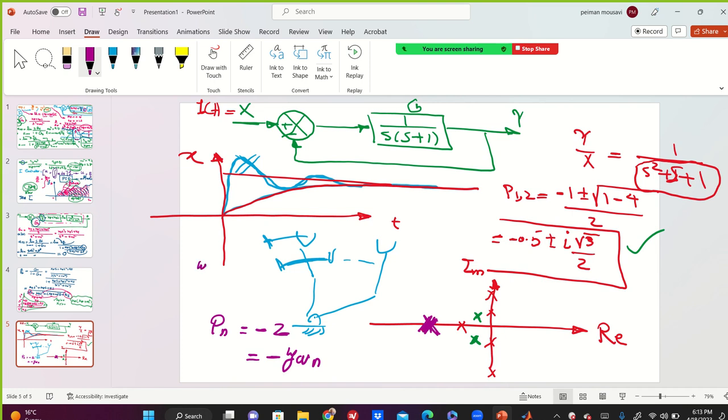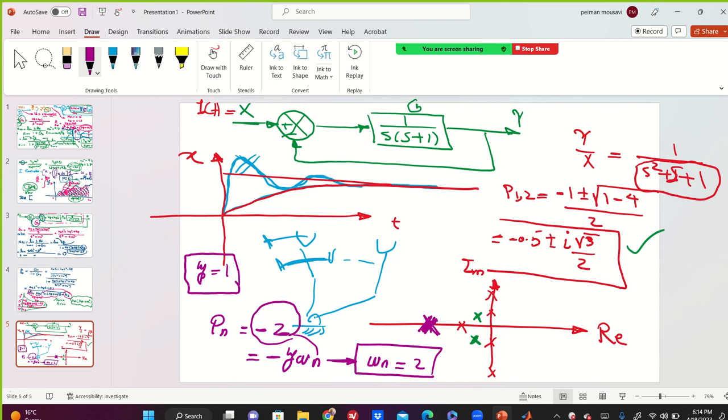So it means your zeta is 1 already. Now you see the translation of the terminology that we define in this course. If your boss says to have the desirable poles here, you can calculate omega n. How much is omega n? It's 2. Everybody understand what I have done?